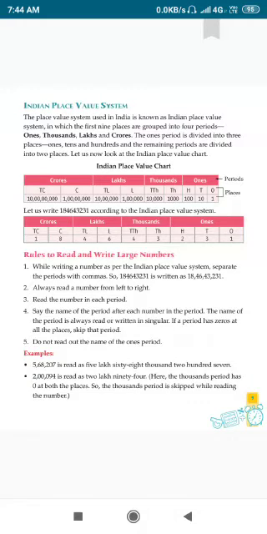The ones period is divided into 3 places: ones, tens, and hundreds, and the remaining periods are divided into 2 places each: thousands and 10,000 in the thousands period, lakhs and 10 lakhs in the lakhs period, crores and 10 crores in the crores period.